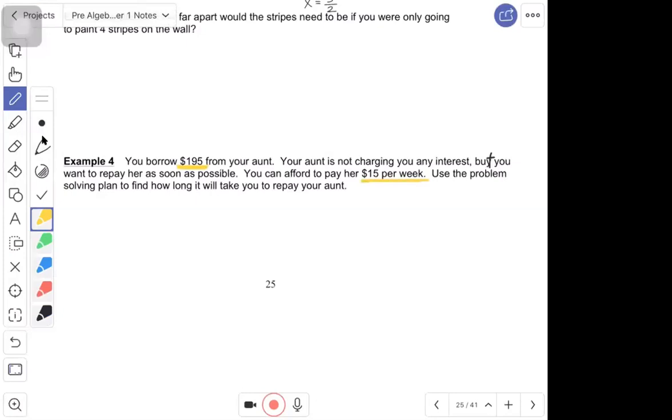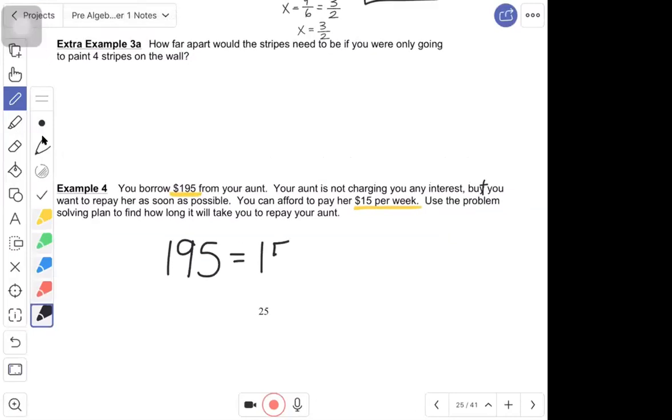Okay, so we owe the aunt $195. And we can pay her $15 per week. So that's equaling, and let's label our weeks W.